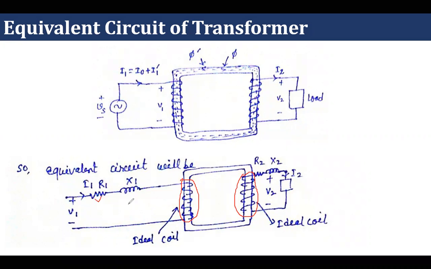And so R1 and X1 have been connected in series with the primary ideal coil, and R2 and X2 have been connected in series with the secondary coil.